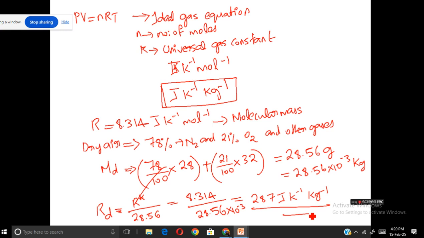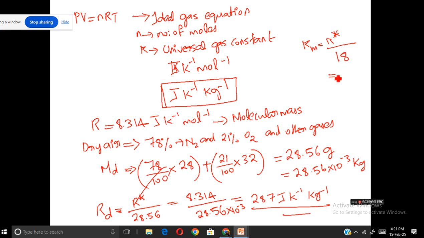Moisture, which is basically 287 joule Kelvin inverse kilogram inverse for dry air. In case of the moisture, the specific gas constant Rm will be R star, which is the universal gas constant, divided by the molar mass of water, which is 18.